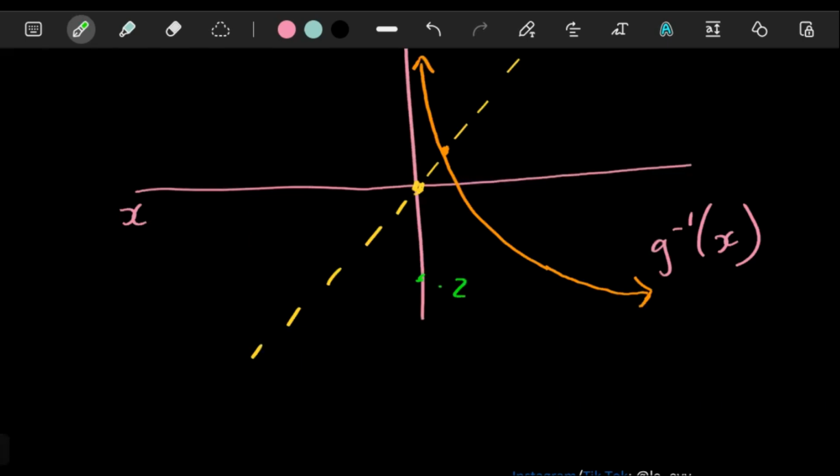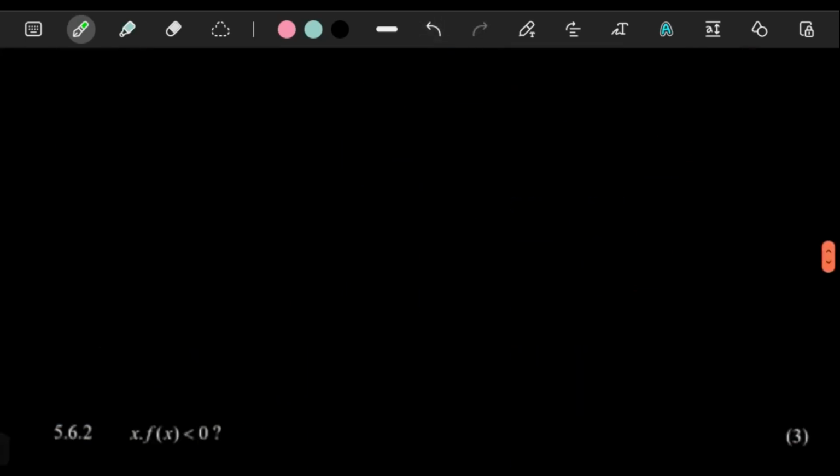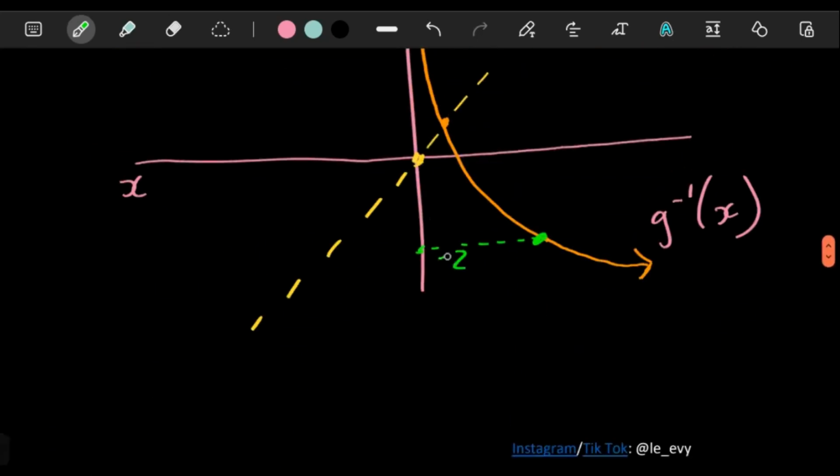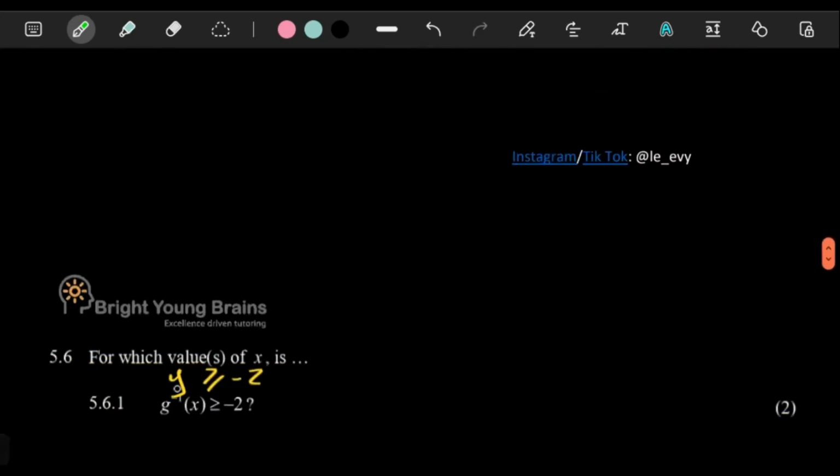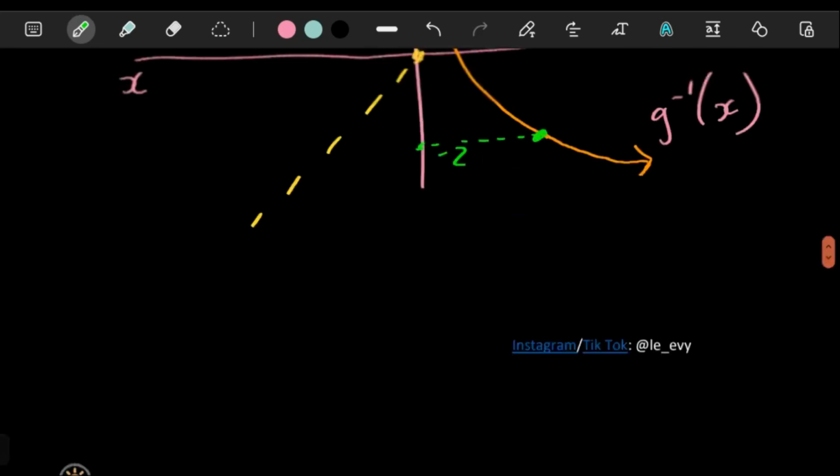So if your y value of negative 2 is somewhere here, this is where your y value would be negative 2, right? So if we look at the question again, this is asking for which values of x is the y value below negative 2.